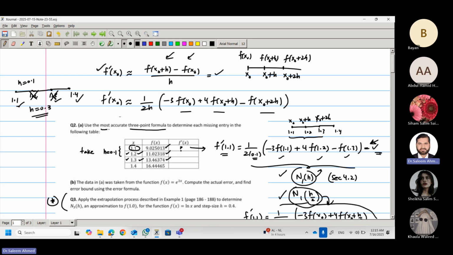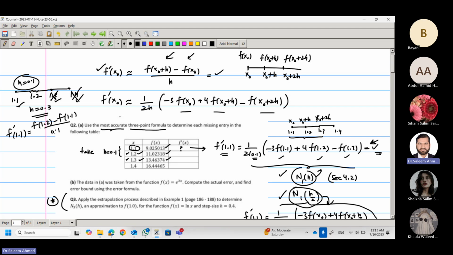But he said most accurate. So we know that if h is small, your answer will be more accurate. If you take h big, your answer will not be accurate. So I should not be using 1.3 or 1.4. I should be using 1.2 with the smallest possible h. So my derivative at 1.1 should be equal to f of 1.2 minus f of 1.1 divided by 0.1.